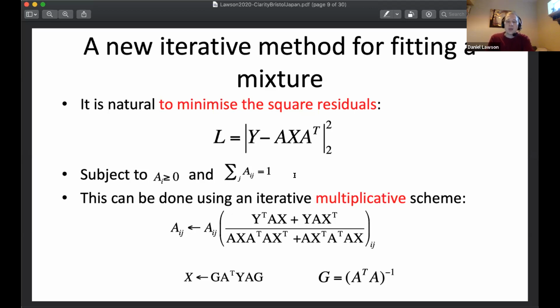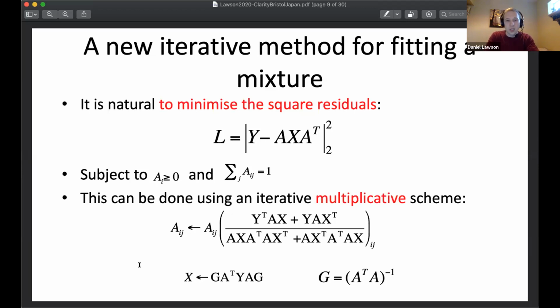So we just want to minimize this with respect to A and X, subject to the fact that A is supposed to be a mixture. And it turns out that you can do this with an iterative multiplicative scheme. So you first update A by multiplying it by this matrix here, and then you update X by solving for the X that best explains Y, conditional on A. And then you keep iterating, going backwards and forwards.